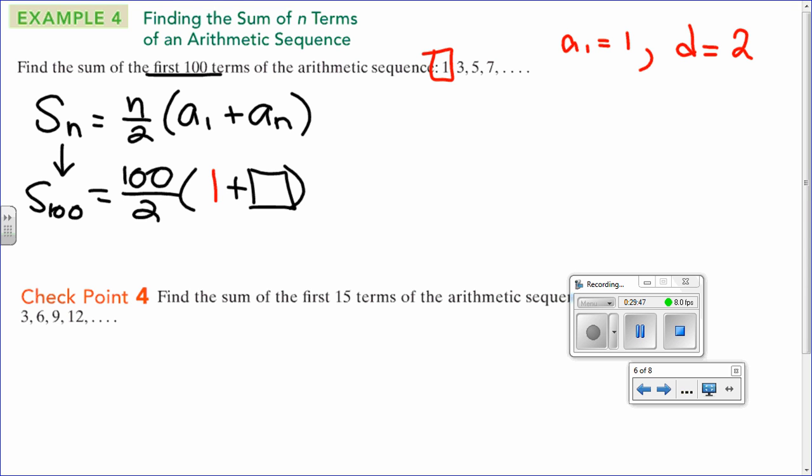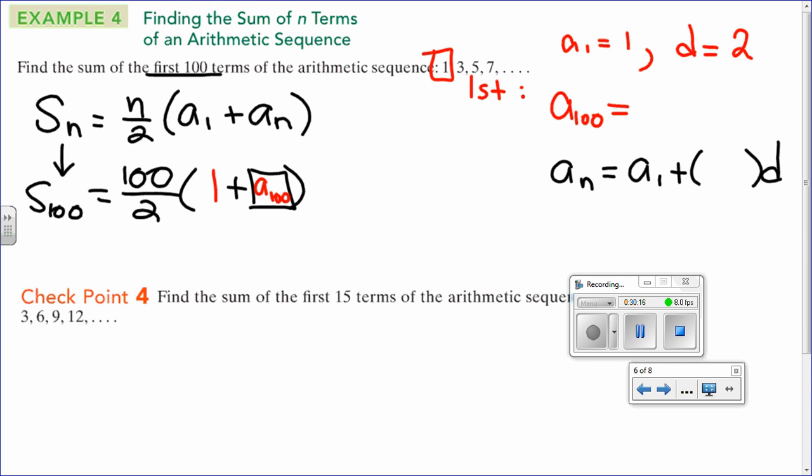Now, with this formula, what I need is the 100th term. So that is the first thing we will have to do. So find the 100th term. For that, we're going to call that formula from like 2 or 3 slides ago that says any term can be found by using the first plus the common difference added how many times? 1 less than n.